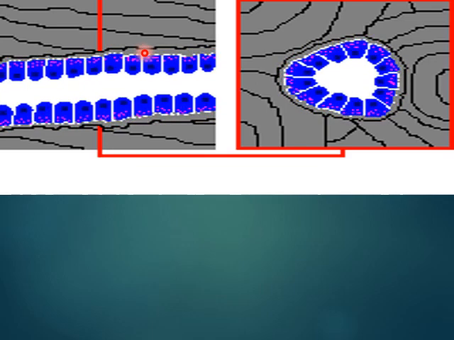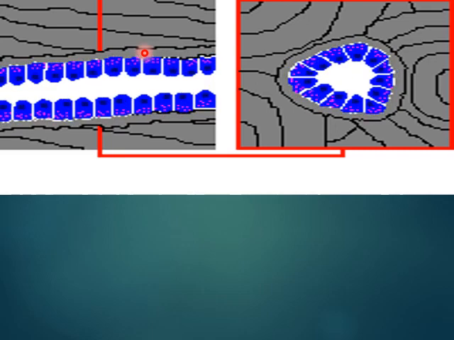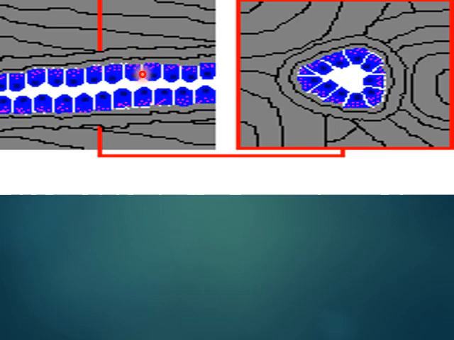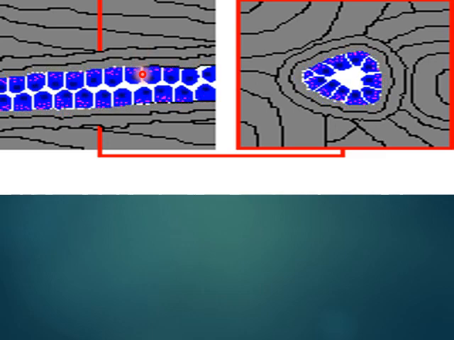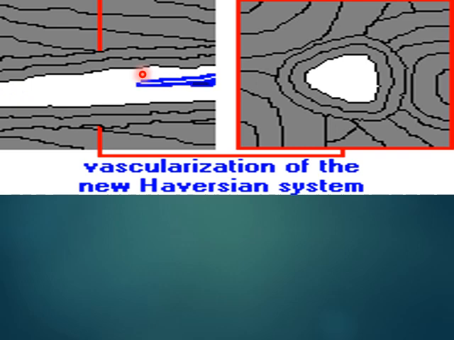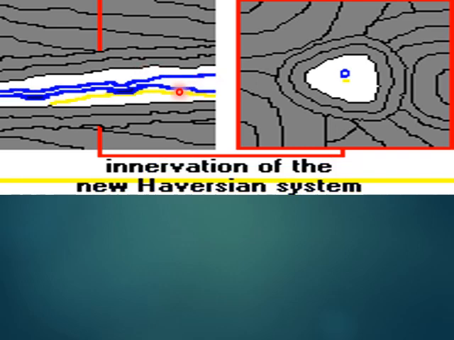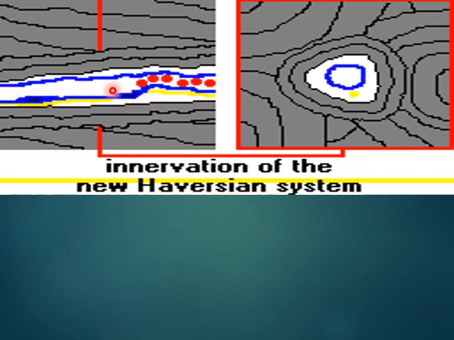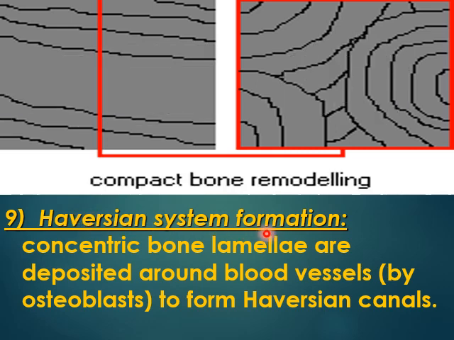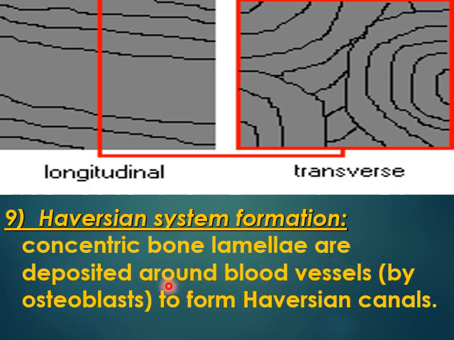This is one bone lamella, and the other bone lamella. As we said, the osteoblasts will be imprisoned inside the lacuna and change into osteocytes, and in the center there is the Haversian canal containing the blood vessels. In Haversian system formation, concentric bone lamellae are deposited around the blood vessel to form the Haversian canal.